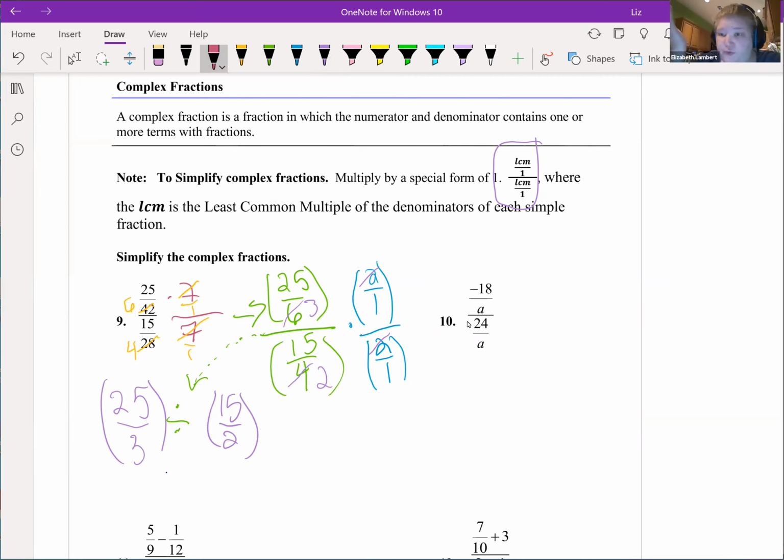So it's 2 fractions, so keep, change, flip. Keep the 25/3. Change it to multiplication now. And then flip the 15/2, so now it's 2/15.